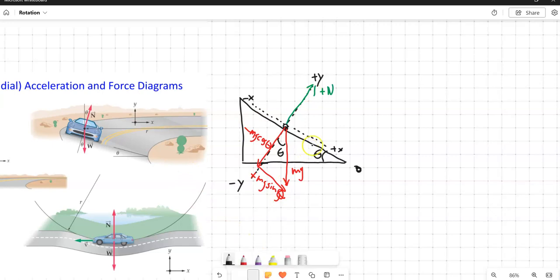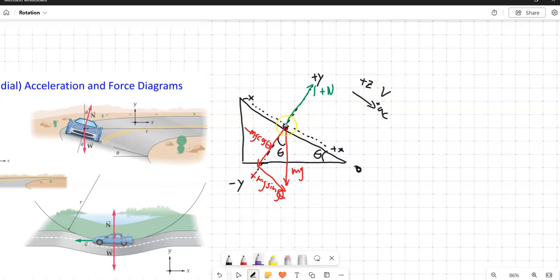Now, it's going to be trying to accelerate down the ramp, okay? So it's going to have a positive x direction acceleration. And the car's coming out at us, so it's going to have a positive z direction velocity, right? But what's keeping it on the track?